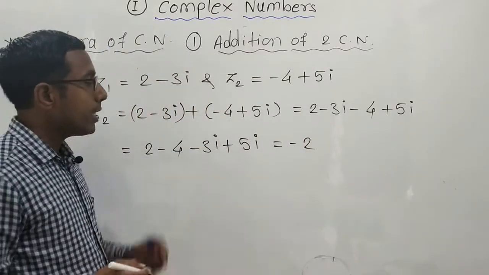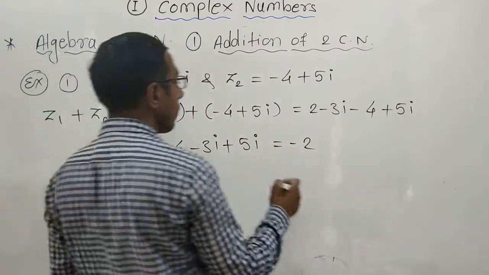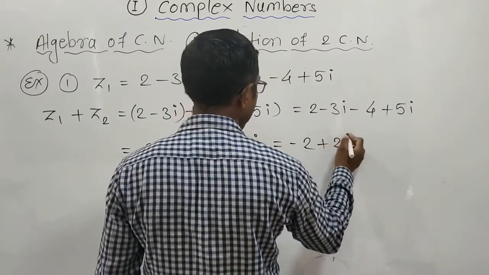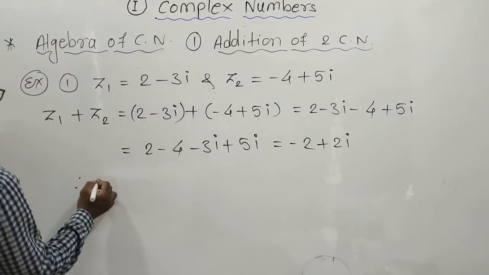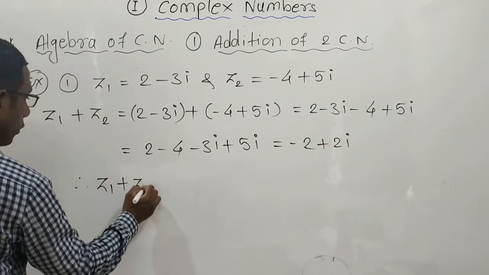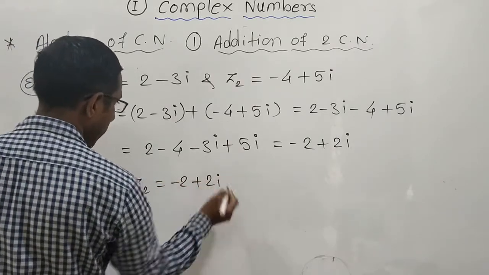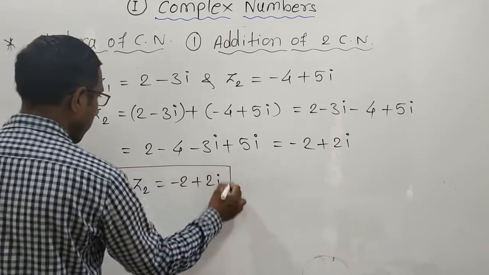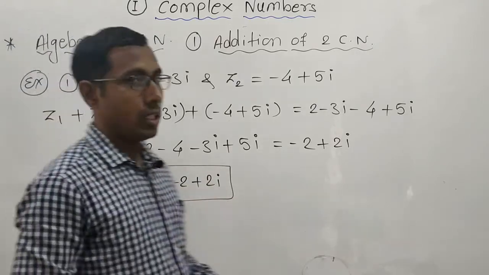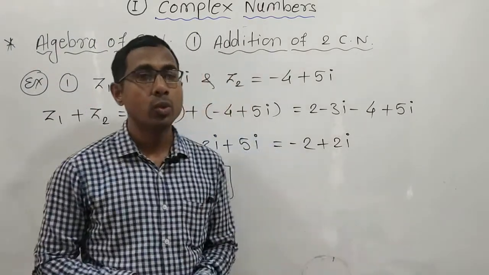Minus 3i plus 5i, that is 5 minus 3, is 2i. Therefore, z1 plus z2 is equal to minus 2 plus 2i. And it is clear which is the real part. Is that clear? So write it fast.